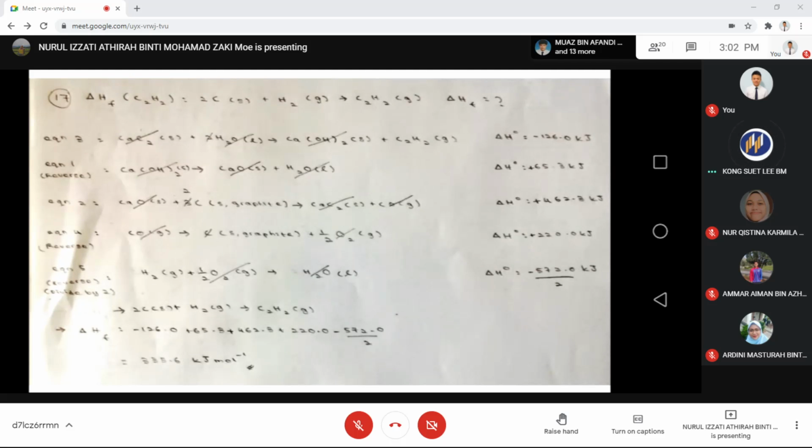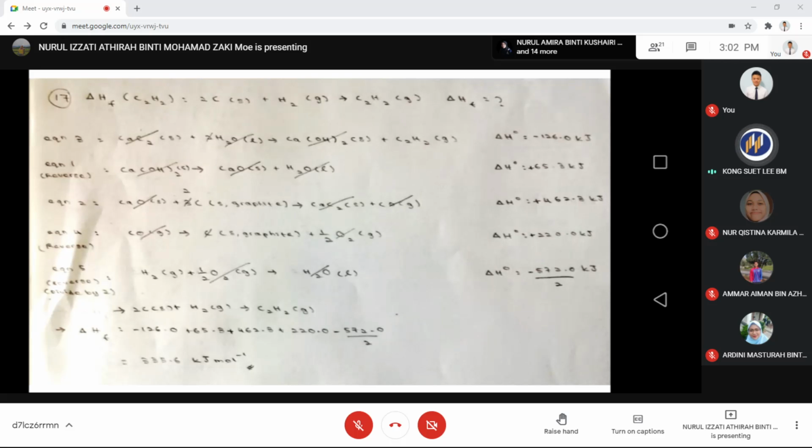So we convert the negative sign of the equation to positive since we reverse the equation. And then we compare it, and then we cancel H2O. So in equation 3, the mole of H2O will only have 1 mole.